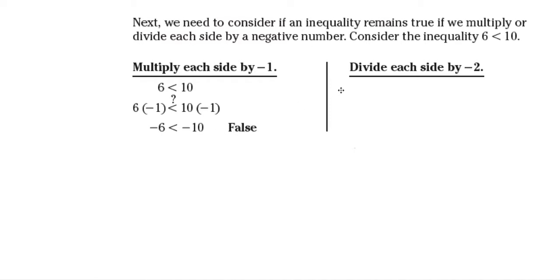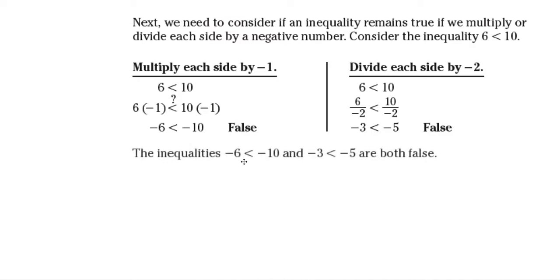Now let's try negative 2 and see if it's still false. We have 6 less than 10; divide both sides by -2, and we end up with -3 less than -5. So if we multiply or divide each side by a negative number, the result is a false inequality if we keep the inequality symbol. Both -6 less than -10 and -3 less than -5 are false.